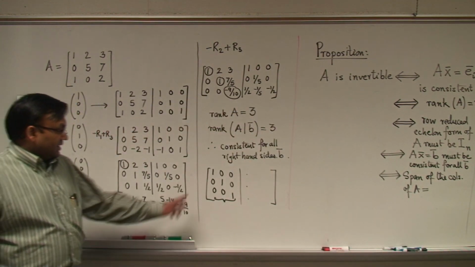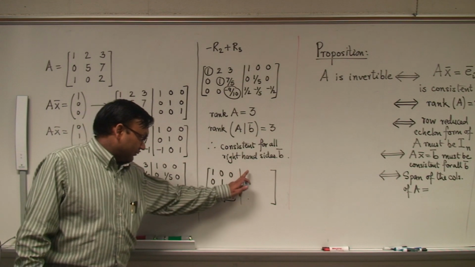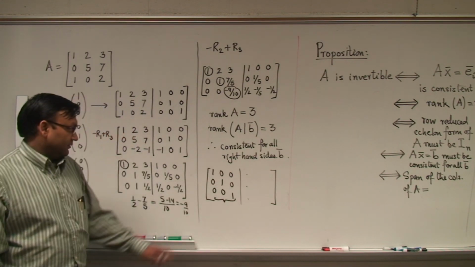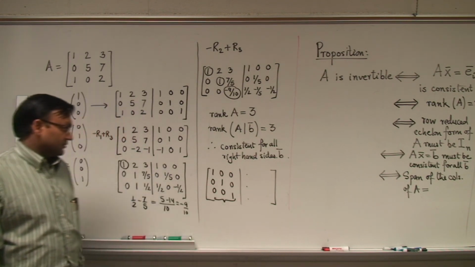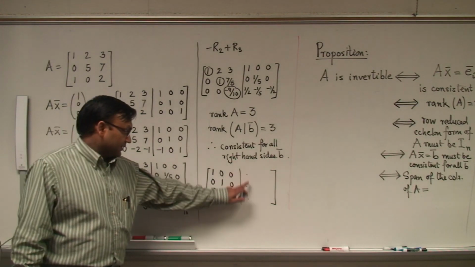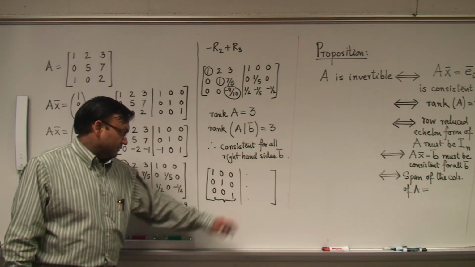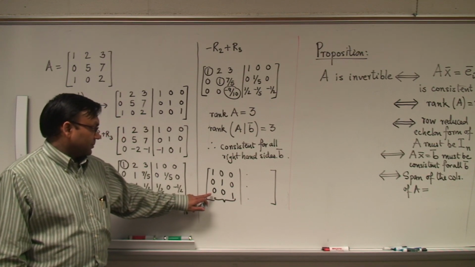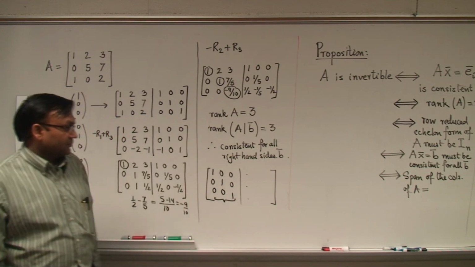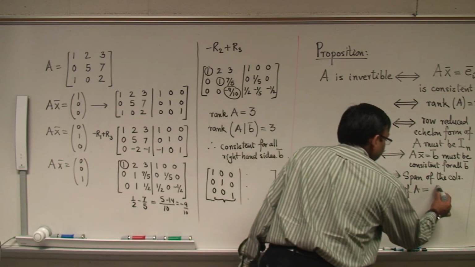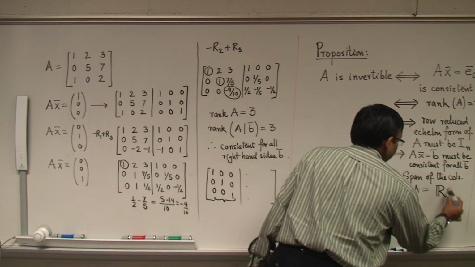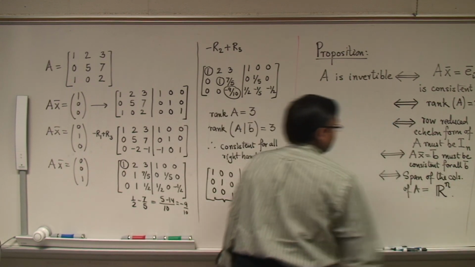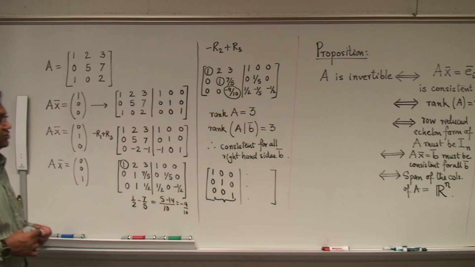Let's see. You are saying no matter what right-hand side I put over here, I will have a consistent system. That means every vector which lives in R3, for example, in this case, we will be able to express as a linear combination of the columns of A. So in that case, we can say the span of the columns of A must be the entire n-dimensional space.